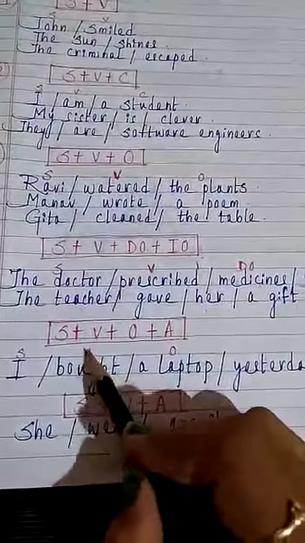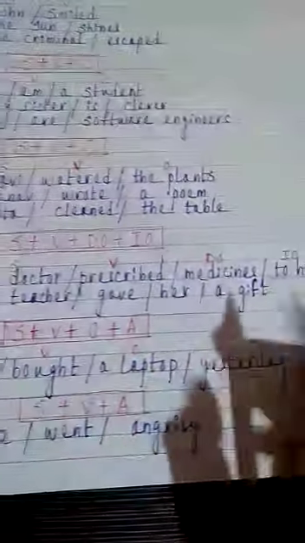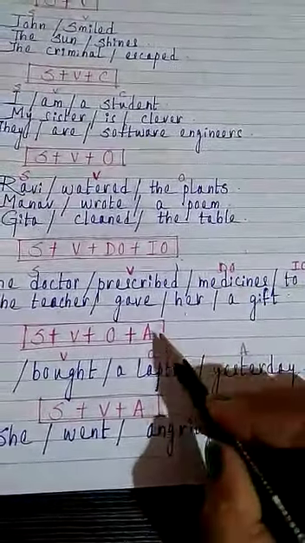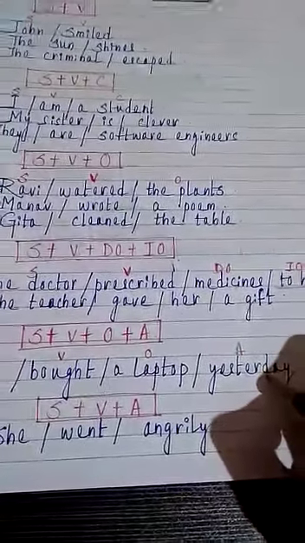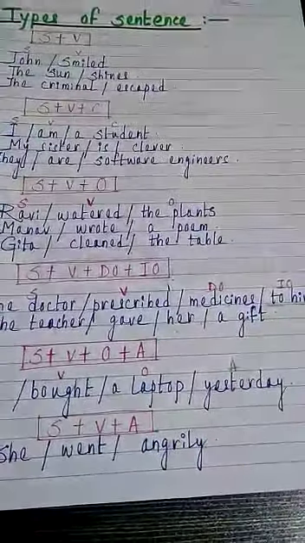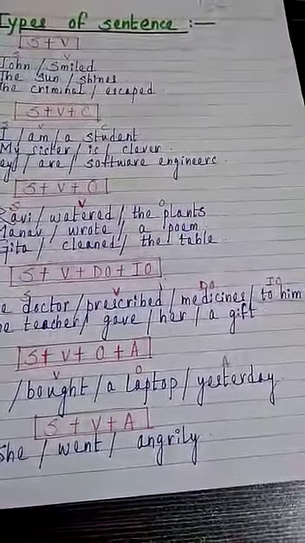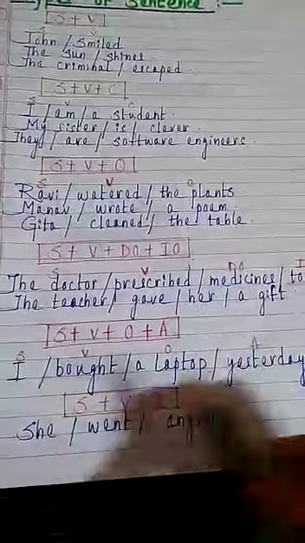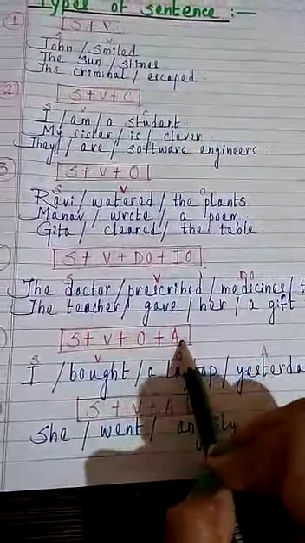So bought is a verb. A laptop is an object, and in this case yesterday is the adjunct part. Means this is the additional part we are using here to form a sentence. This adjunct may be a time or a place. So by this you can also form a sentence adding subject plus verb plus object plus adjunct.